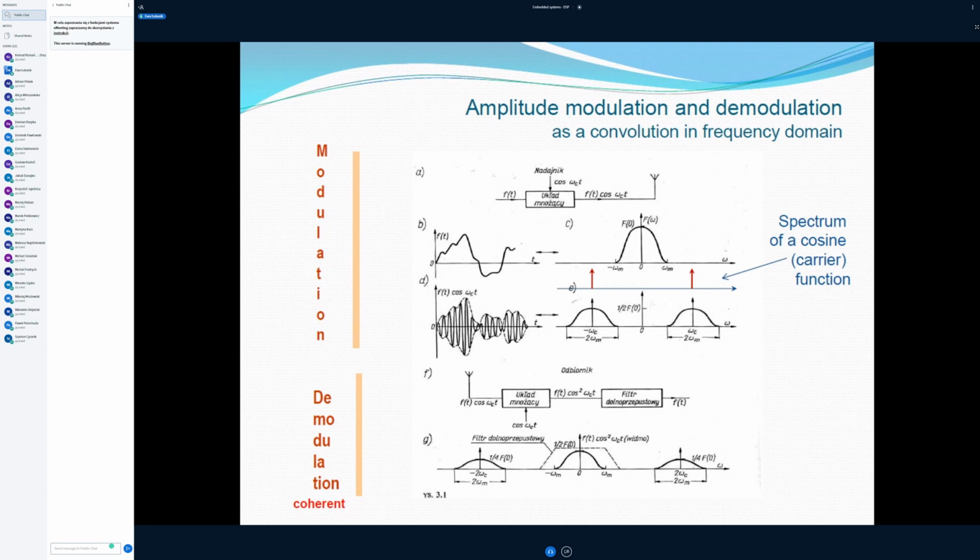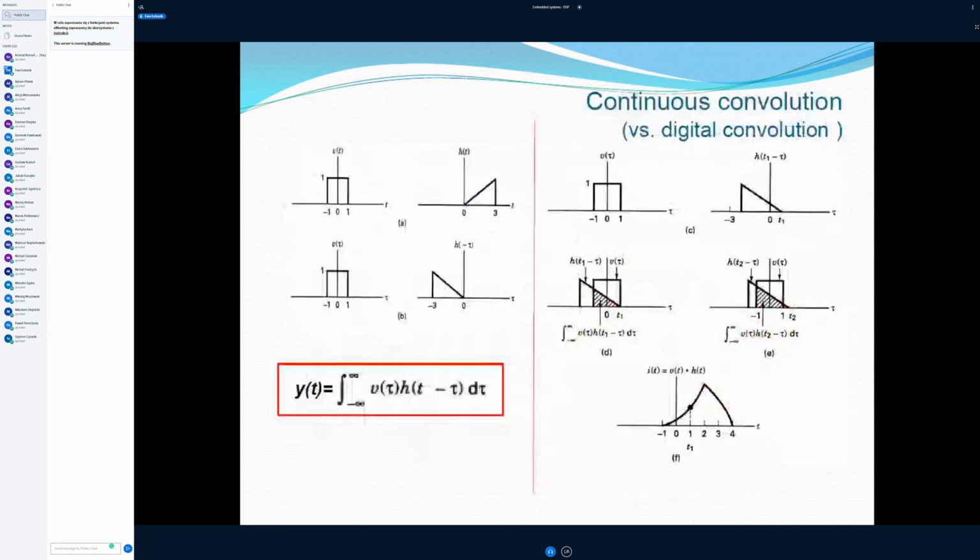I recommend you have a look at this image, and if you spend some time with this formula and look at the parameter t that changes from minus infinity to plus infinity, you'll probably understand what it means.